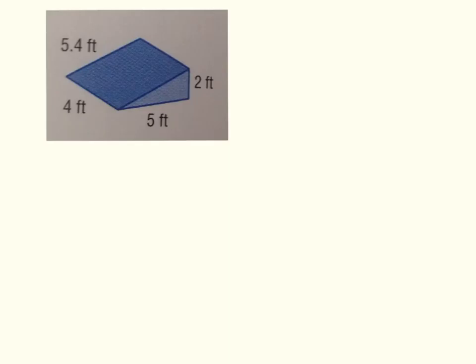So for this example, we need to find the lateral and surface area of this prism. So we first want to find out the lateral area, and we know our formula is L equals the perimeter times the height.